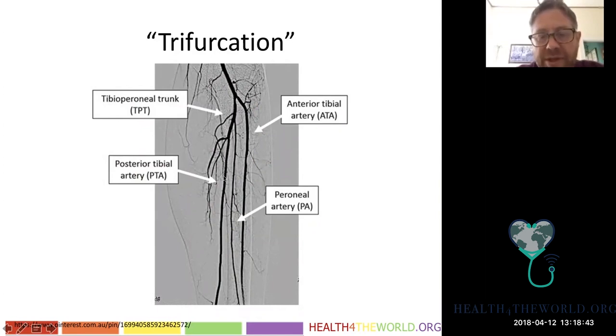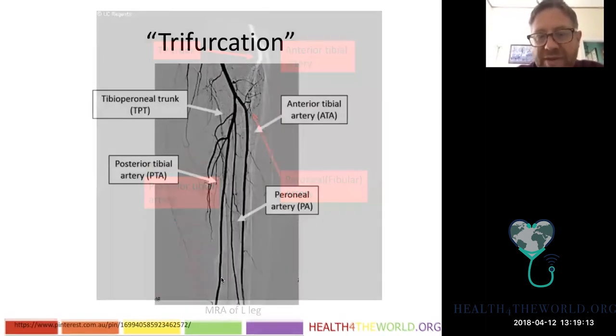These anterior tibial and posterior tibial are important landmarks for feeling pulses in the foot, because the anterior tibial will become the dorsalis pedis, and the posterior tibial will be palpated behind the medial malleolus. The peroneal will come down and terminate above the ankle and give off terminal branches that I'm going to show you in a minute.